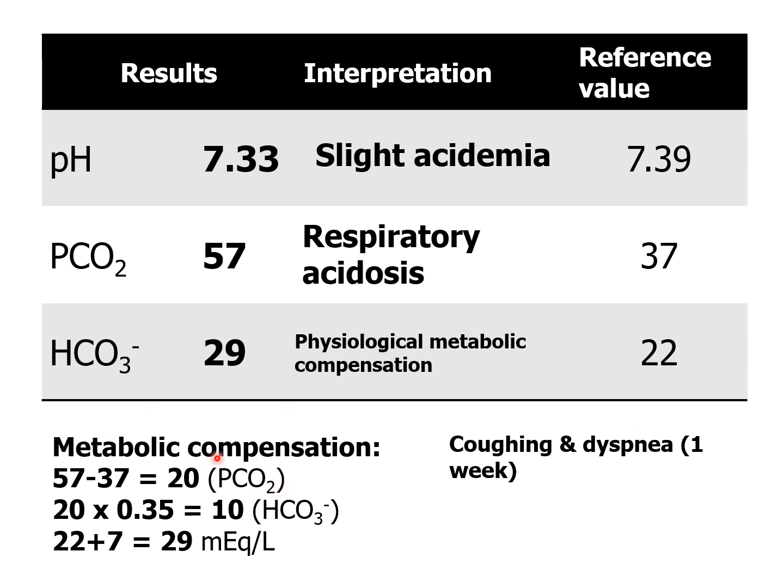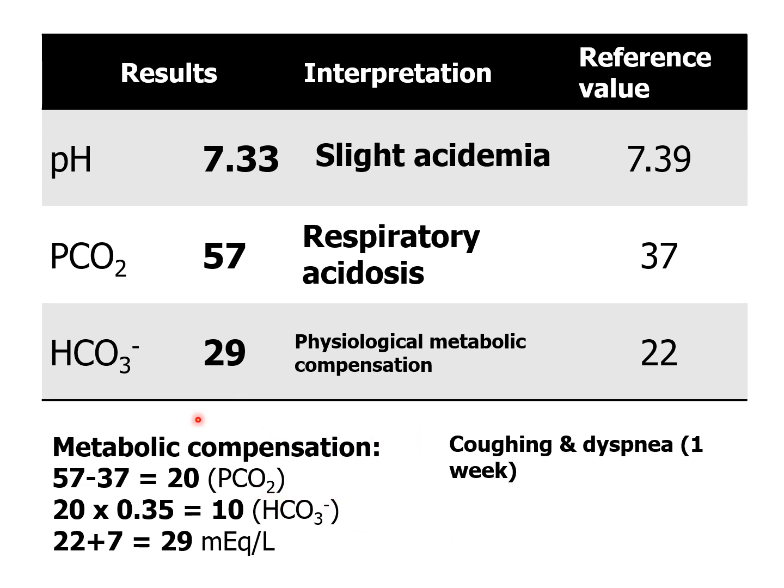Since there is a 20 unit increase in the PCO2, you multiply that by 0.35 and the result is 10. And therefore, the expected bicarbonate should be 29. So the physiological compensation for respiratory acidosis is appropriate. And the patient has a simple respiratory acidosis with appropriate metabolic compensation for the bicarbonate.